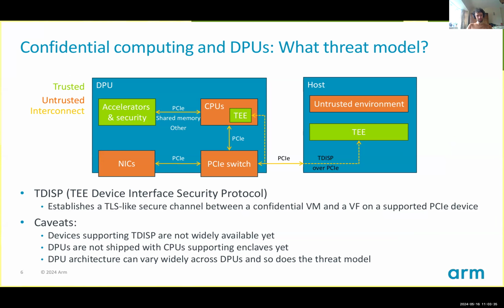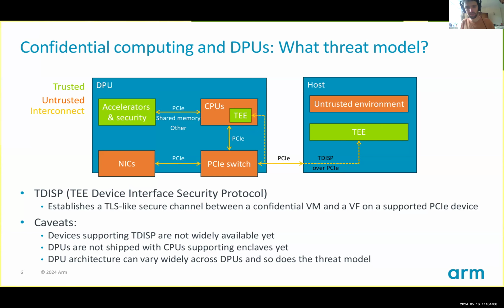So this is a bit speculative, but we can imagine that in the future we can have something like that. So we would have those two devices, and we would have confidential VMs on the host side, establishing trust with the DPU on the left side, and we would use something called TDISP, which is a protocol that the PCI SIG is currently working on.